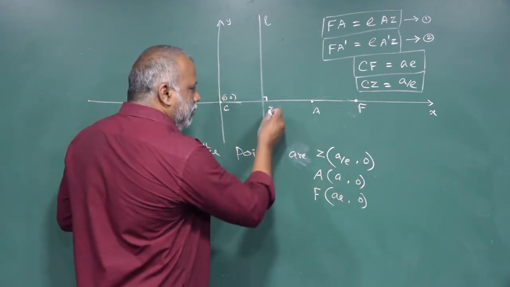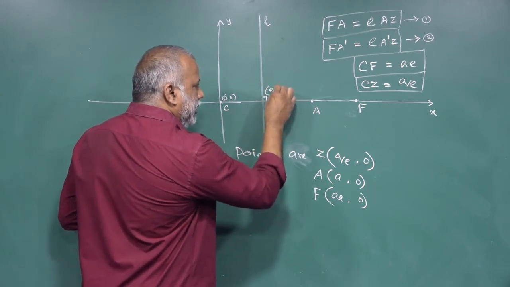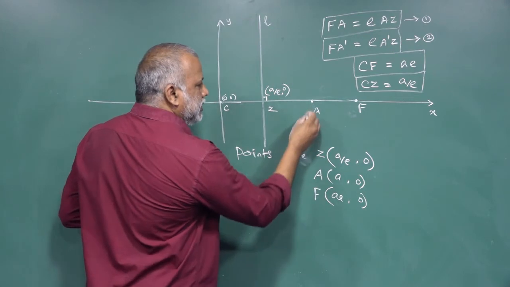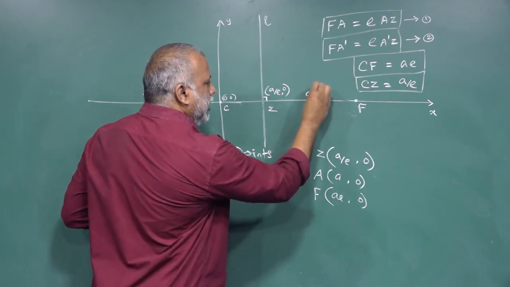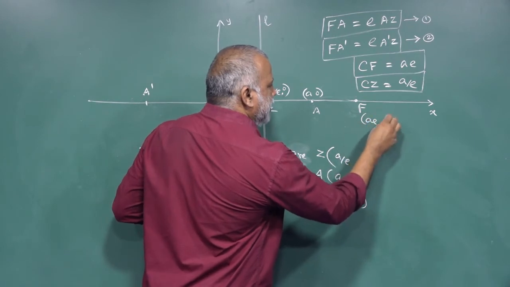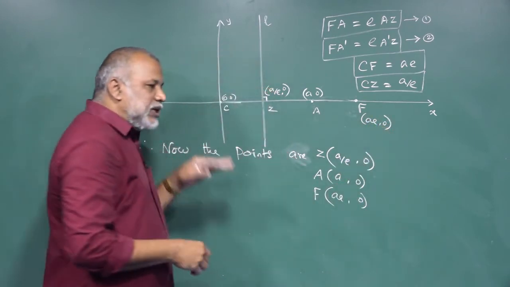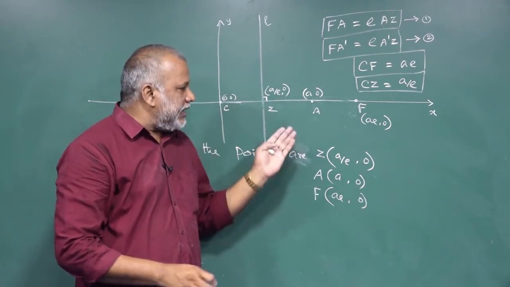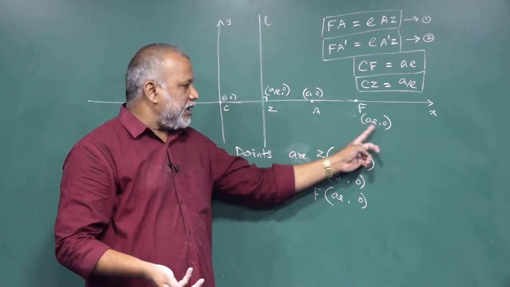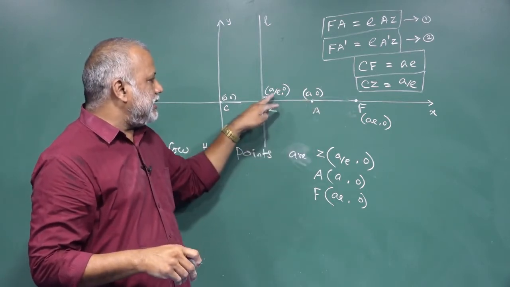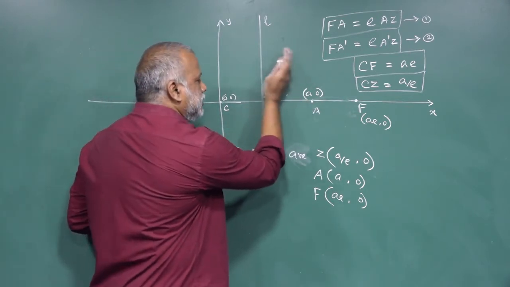Now I am taking all this here. A by e comma 0. Just now, this is the point a comma 0. Then F is ae comma 0. So these are the points we need to evaluate the standard equation. See the point F, ae comma 0. Now the point A is a comma 0. Z is a by e comma 0.